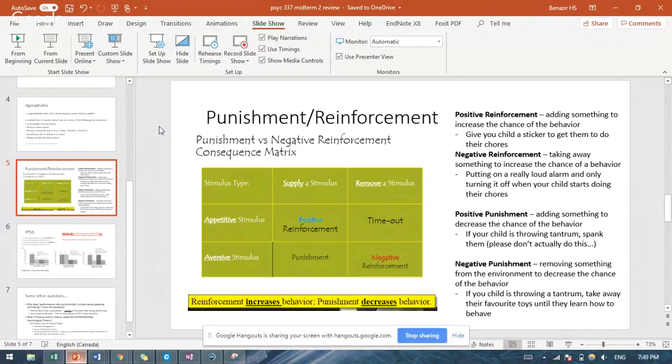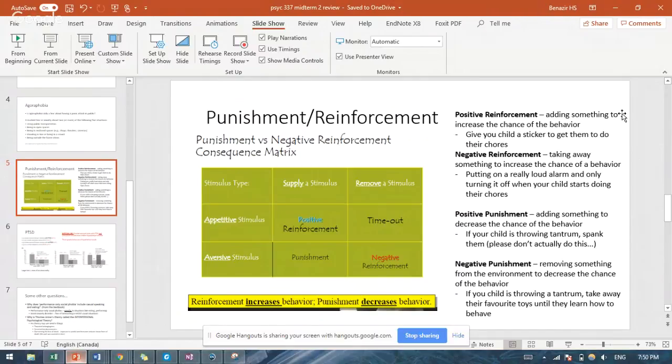So I'm just going to do a few examples of that, and that might make it a little bit more clear. So positive reinforcement, just to break it down: positive, adding something into the environment, reinforcement, because you're trying to increase the chance of a behavior happening again. This would be like giving your child a sticker to get them to do their chores. Negative reinforcement, on the other hand, would be taking something away to increase the chance of the behavior.